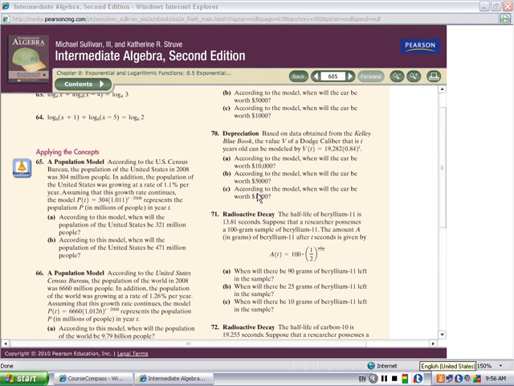So they use t minus the initial year in the exponent so that you know at that initial year, this is the population. And we want to know when it's going to become 321 million. So that means I would like to solve 321 million equals 304 million times 1.011 to the power t minus 2008. I want to solve for this t. How to solve it?